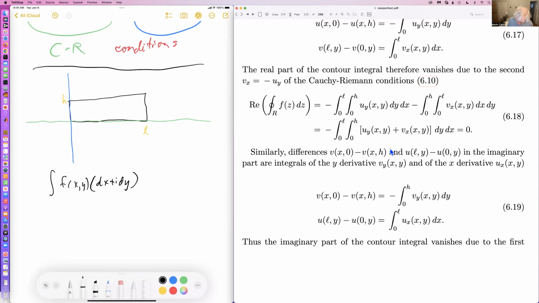But along this leg here, we just have dx, and then along this leg here, we just have dy. So here it's dy, and over here it's dx. And we start at the origin and we end up at the origin.